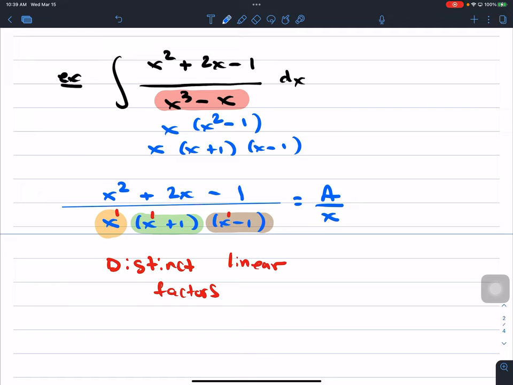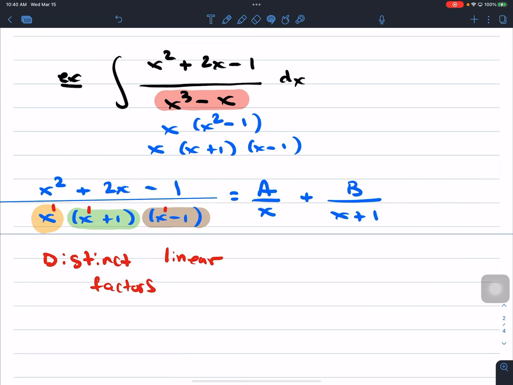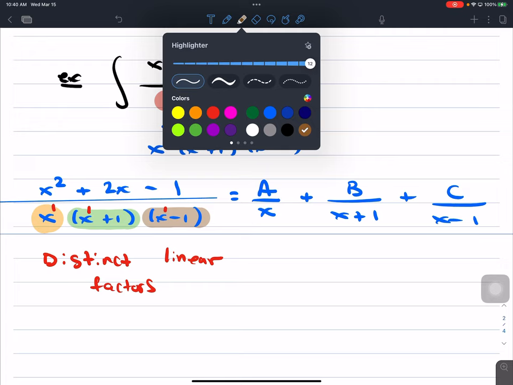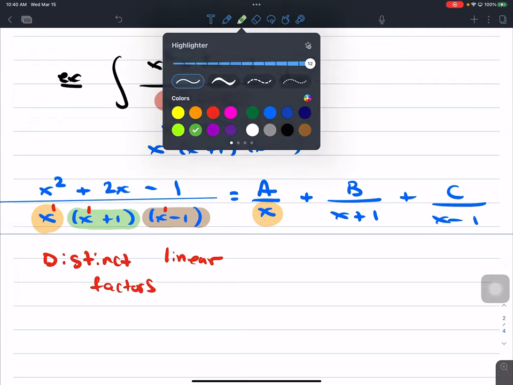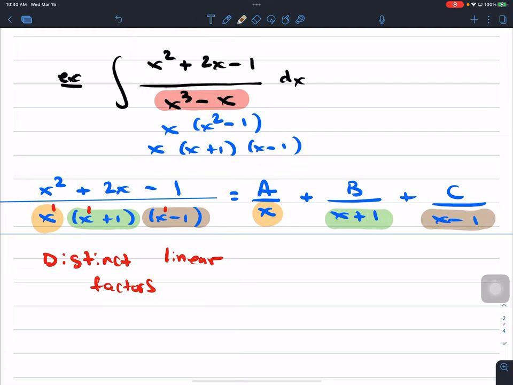So this is a over x, plus a different constant b over the next linear factor, x plus 1, okay, plus c over x minus 1. So I want you guys to know here, you have this is the x, this is the x plus 1, the x minus 1.